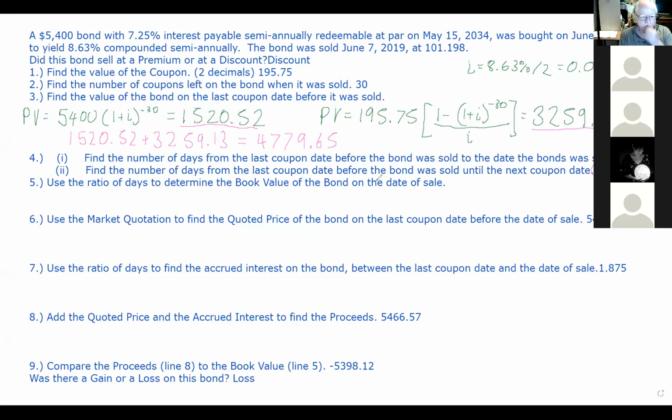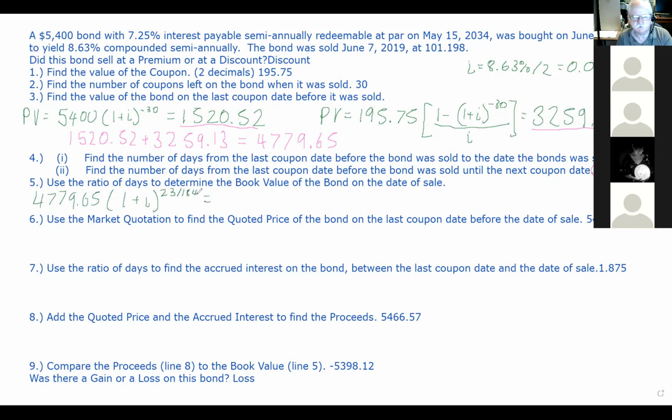It'll make a difference. Use the ratio of days to determine the book value of the bond on the date of sale. So we have to take this value here. Let's go back to using green. So 4779.65 times 1 plus i to the power of this ratio, 23 over 184.